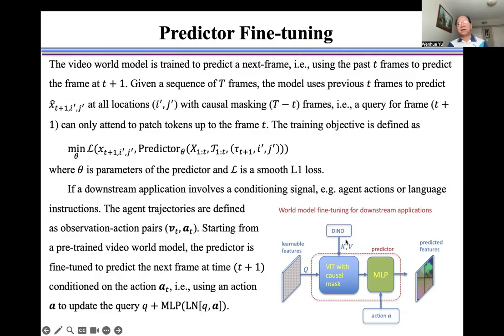K and V are assembled from the output of a DINO model, Q from learnable features. And this is the vision transformer with a Gaussian mask. This multi-layer perceptron. And then we condition on this action A to predict the features in the latent space.